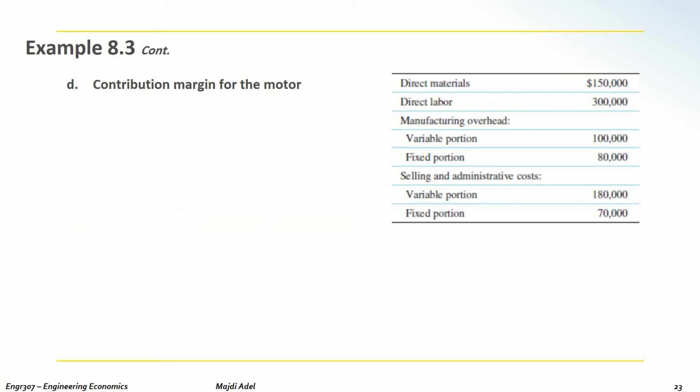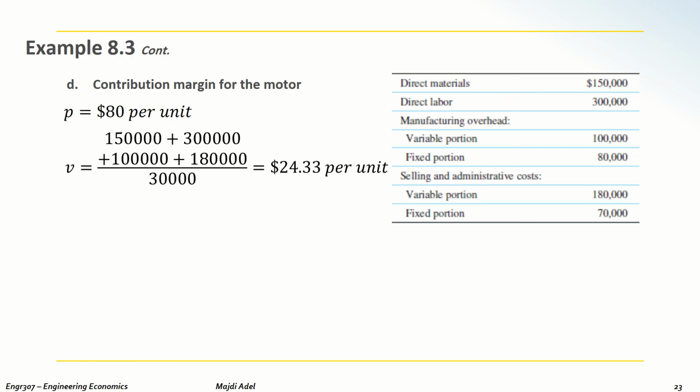The contribution margin for the motor is as follows. This is the variable cost part, this is the selling price. So P minus V is 80 minus 24.3, which is 55.67 per unit.